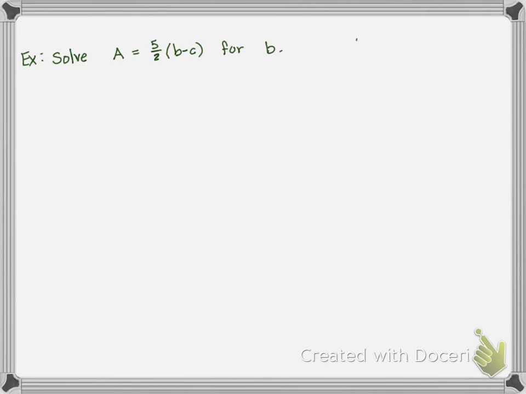So 6 equals 5/2 times B minus 3. I'm going to make it 4.